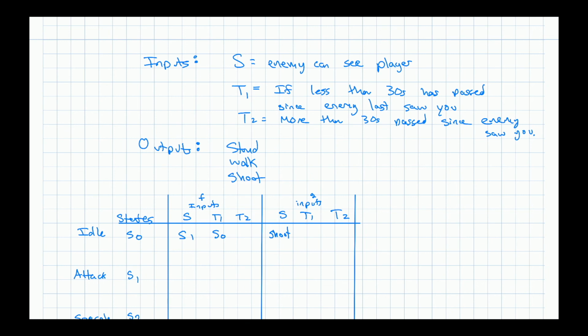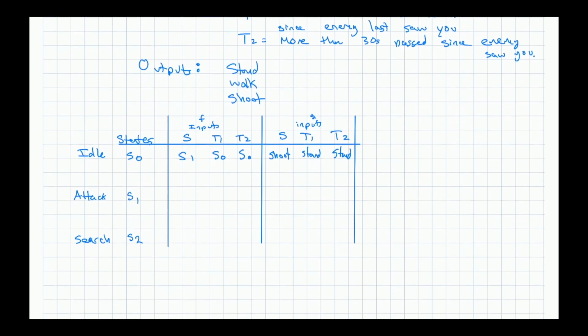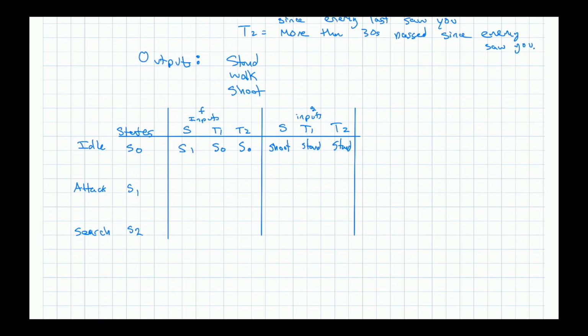And the output would probably be stand. I'm using the output just to show behavior. I know idle, attack, search kind of label that, but whatever. So shoot, stand, stand.